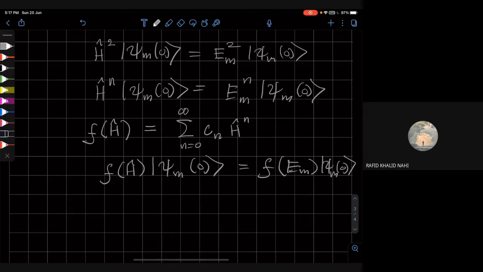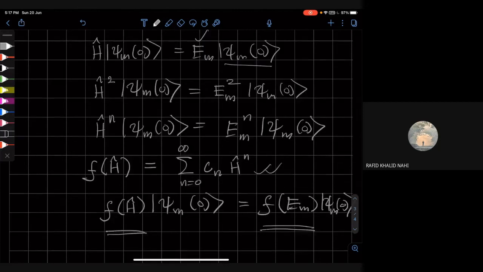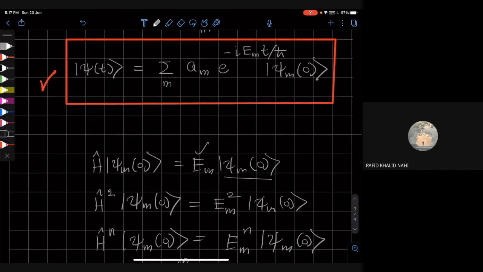So on the left-hand side, it's a formal power series given by this. On the right-hand side, this is a function. That is a number, right? So now we can use this observation in this equation.